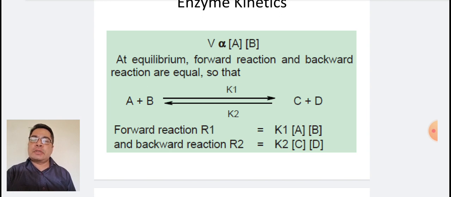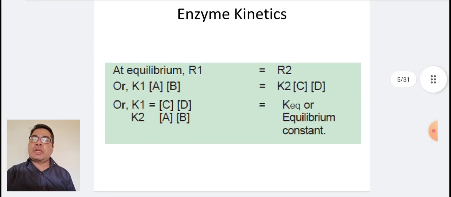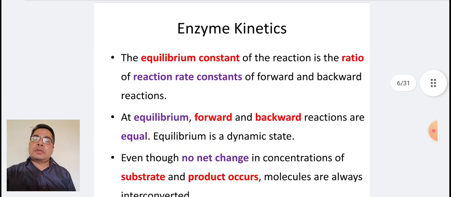Forward reaction R1 is equal to K1 into A into B, and backward reaction R2 gives K2 into C into D. At equilibrium, R1 is equal to R2, or K1 into A into B equals K2 into C into D, or K1 upon K2 is equal to CD upon AB, which is nothing but the equilibrium constant. The equilibrium constant of the reaction is the ratio of reaction rate constants of forward and backward reactions.